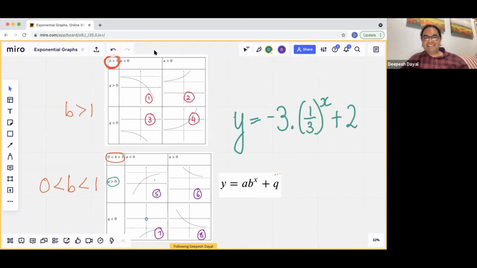Which one will it be? Which one will this be? Let's choose one of the graphs. We've got 1, 2, 3, 4, 5, 6, 7. Who's going to give me the first one?